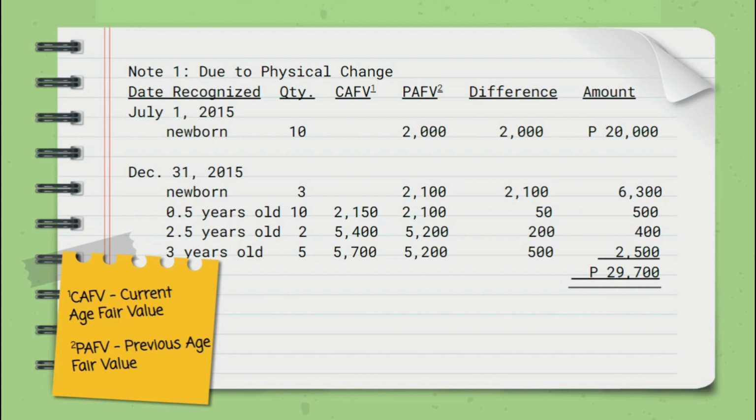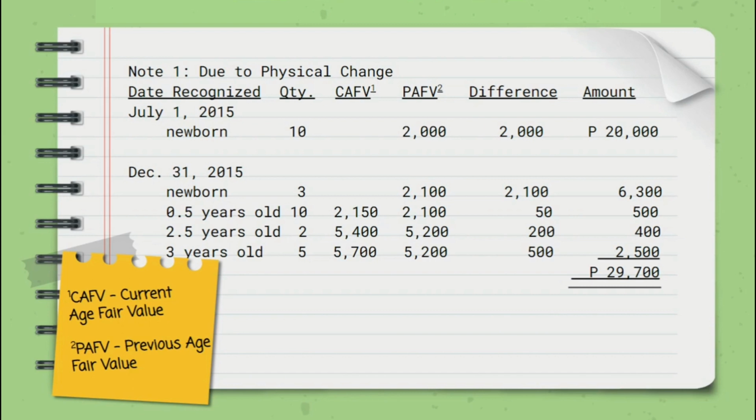So to start, on July 1, 2015, the entity acquired 10 newborns, which has the previous age fair value of 2,000 pesos and no current age fair value, so the difference would be 2,000 pesos multiplied by 10, which will give us the amount of 20,000 pesos.